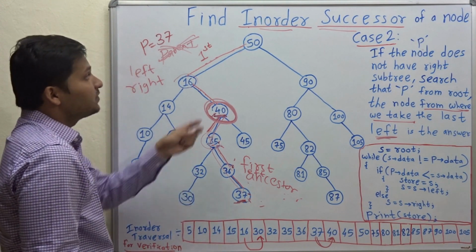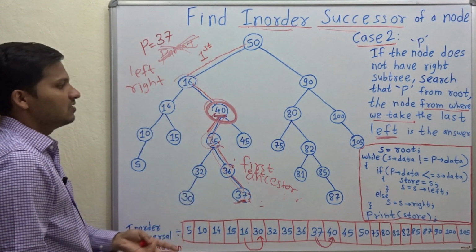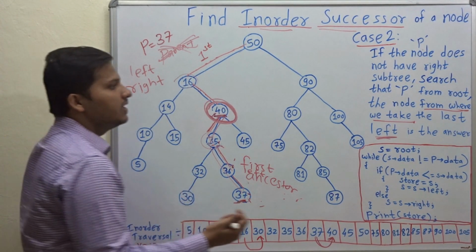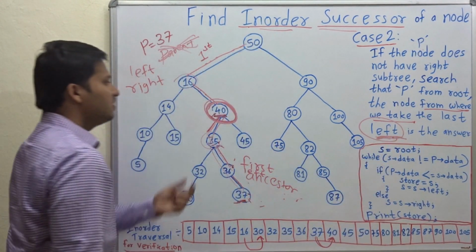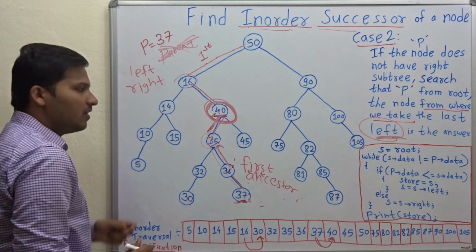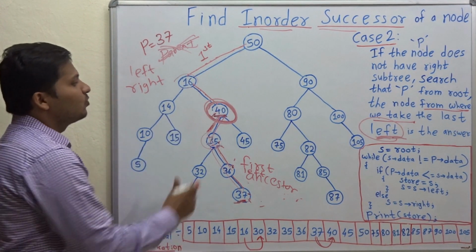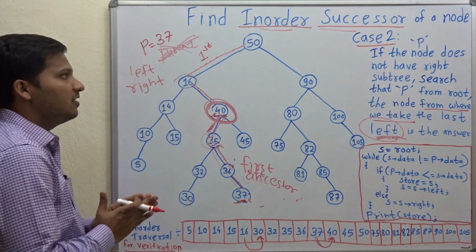As we know the code for searching the node, we just apply an idea, find the last left turn, and conclude the node from where we took that last left turn is the in-order successor. So that is the reason.